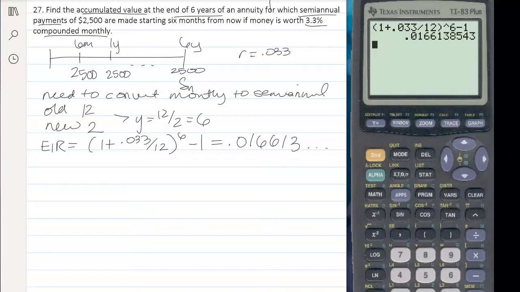So this time, because we're going to use that as part of our problem, we're not going to round it. What we're going to do instead is store this as a letter.